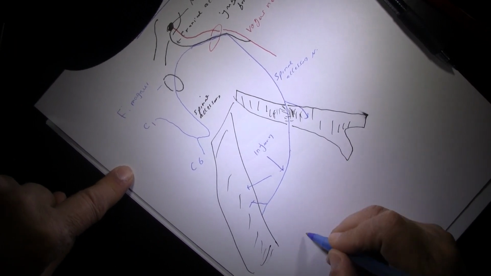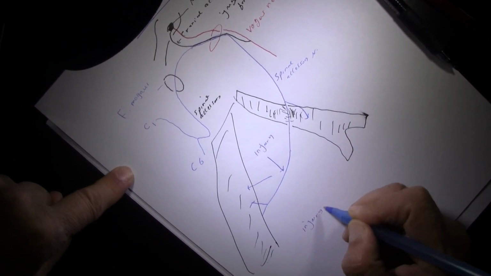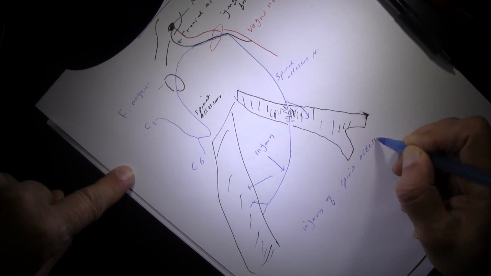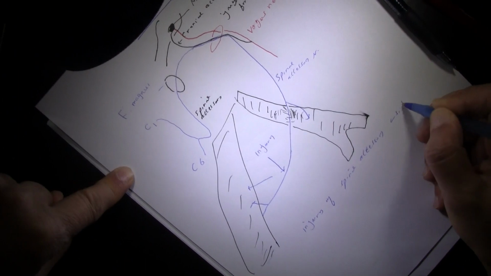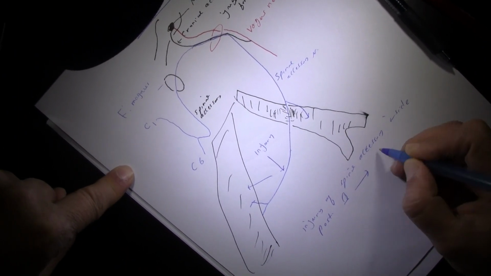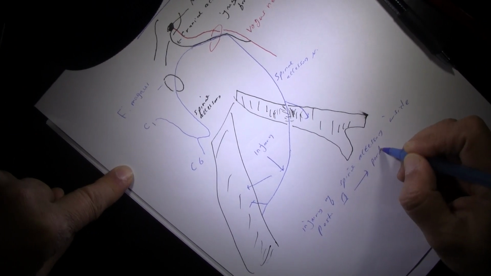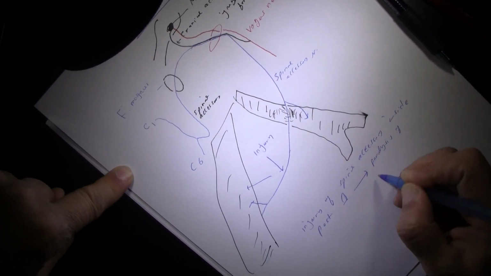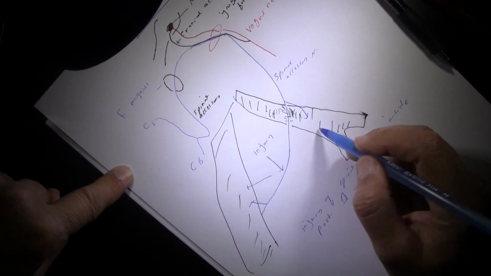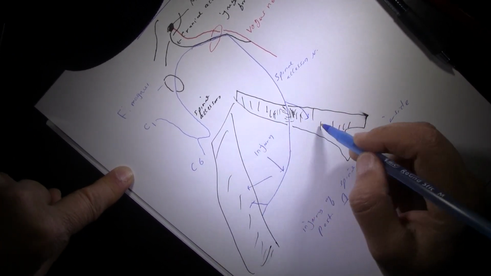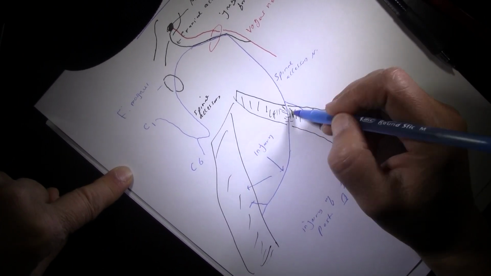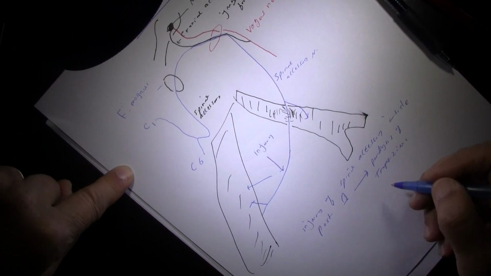So injury of the spinal accessory inside the posterior triangle leads to paralysis of the trapezius. The sternocleidomastoid is not going to be affected, because it is supplied by the spinal accessory before the trauma.